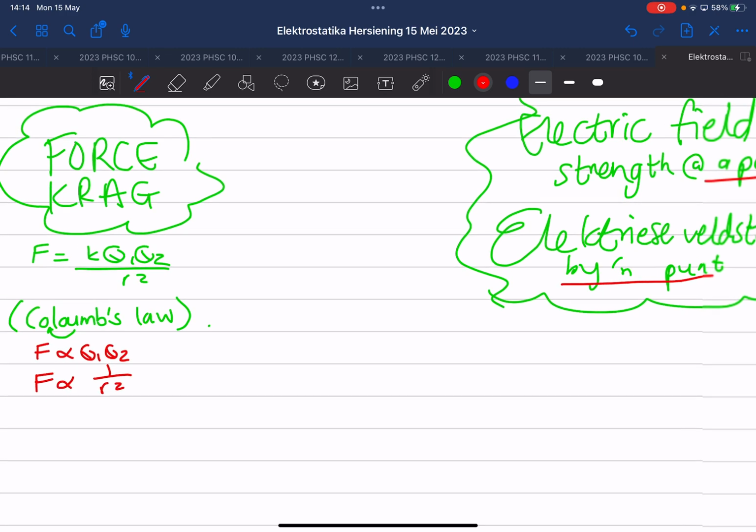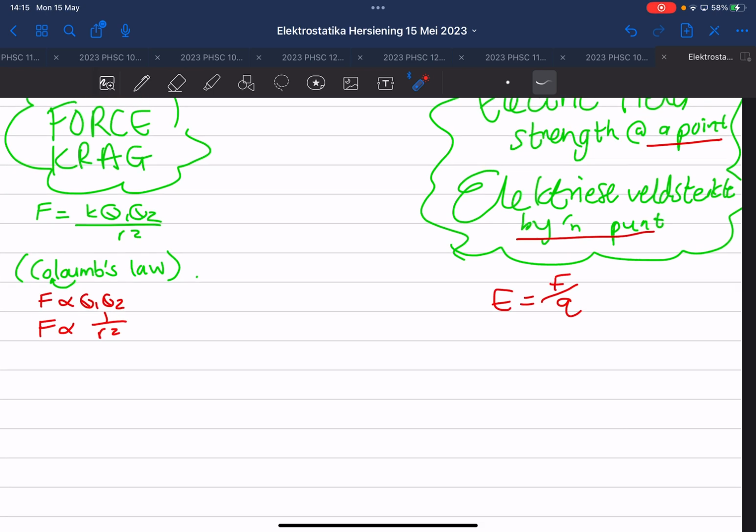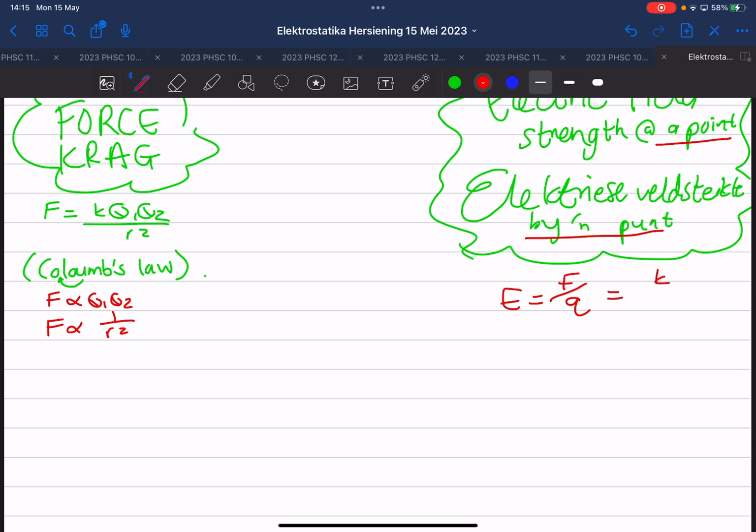Okay. Then electric field strength, elektriese veldsterkte, het twee formules. Dit is of die krag, die elektriese krag per positiewe lading, is die definisie. So electric field strength is the force per positive point charge, of dit kan gerangskik word na daai ene toe.